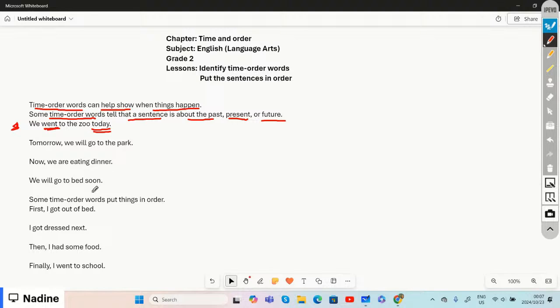So went is already in the past tense. It shows that it happened already. But today is our time order word.